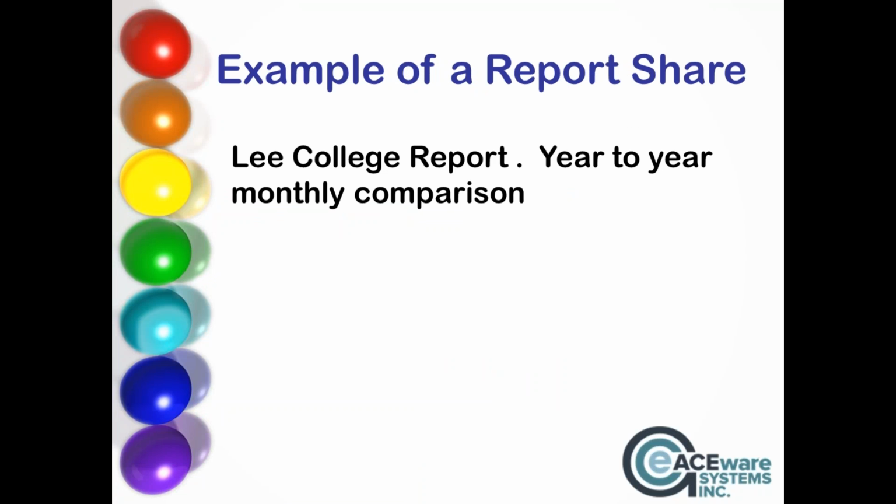Examples of a report share, and again, we'll give this example. I was working with Lee College, and Manuel is the one we'll give a shout out to. Their business office was wanting a year-to-year monthly comparison for their accounts.